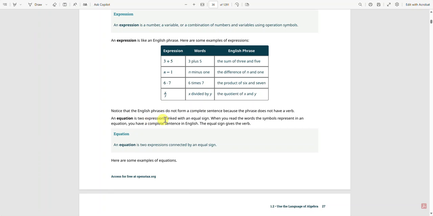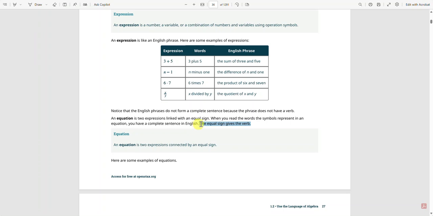It shows that two expressions are equal to one another. When you read the words the symbols represent in an equation, you have a complete sentence in English. The equal sign gives the verb. What does that mean?